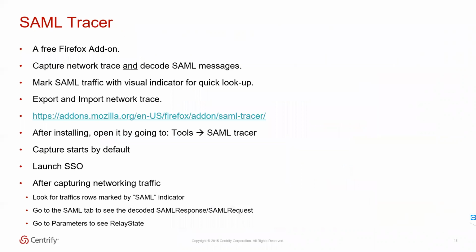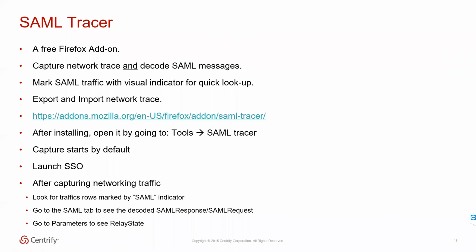Okay, now back to the Firefox SAML tracer add-on. I've shown this last time. Hope you guys remember that. If not, it's really a similar thing. Bring up the tracer before you run it. What's good about it is it will recognize the traffic with the SAML messages in it, and it will show you a big SAML indication next to it.